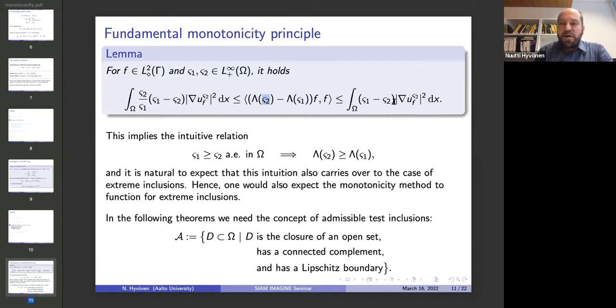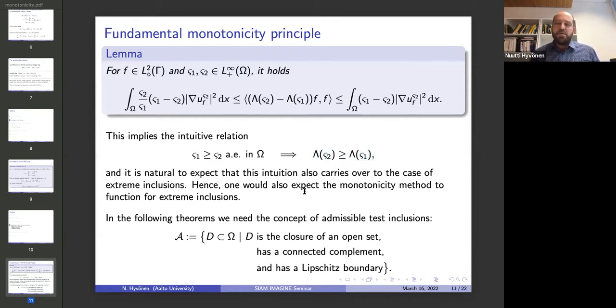And on the other hand, the upper estimate is also really simple, even simpler than the other one. And you can see that that's also controlled by the difference between two conductivities. So how you can interpret this relation is that if one of the conductivities is larger than the other almost everywhere, then you have inverse order in the sense of positive definiteness for the two Neumann-Dirichlet maps.